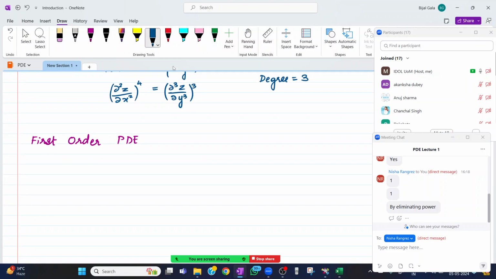Now, once you've understood the power, the degree, and the order, we now move to the first order PDE. The name itself suggests that this PDE, which we are going to deal with, is going to be a function of x. Okay, and your syllabus is restricted to 2 independent variables.